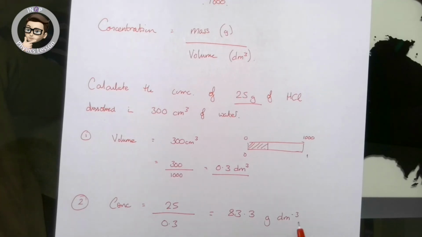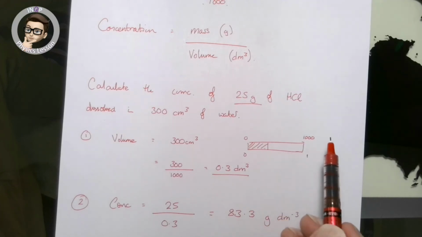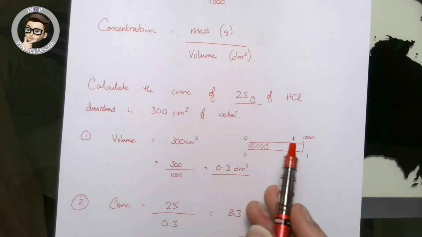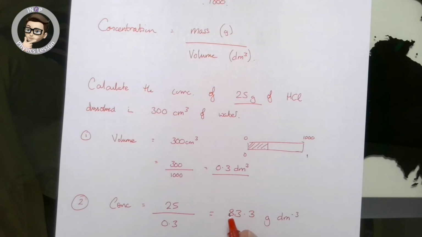So that means that in order to get this concentration for 1,000 centimeters cubed, we'd need to dissolve 83.3 grams. If I wanted to get this concentration for 2,000 centimeters cubed, then I'd need to dissolve double this, so 166.6 grams per decimeter cubed.